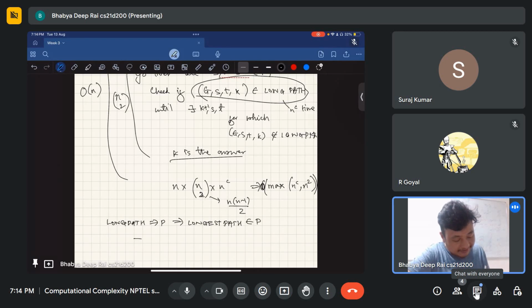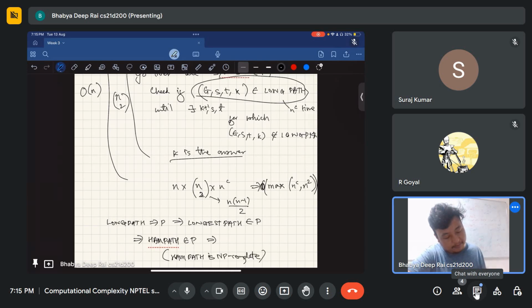Now if longest path is in P, then what is in P? Hamiltonian path. Now if Hamiltonian path is in P, and remember, Hamiltonian path is NP complete, what do we have? P equals NP. So knowing that long path is in P is a huge deal.